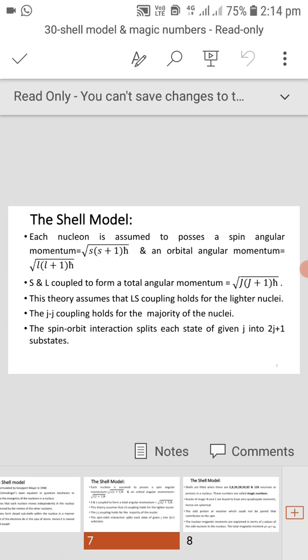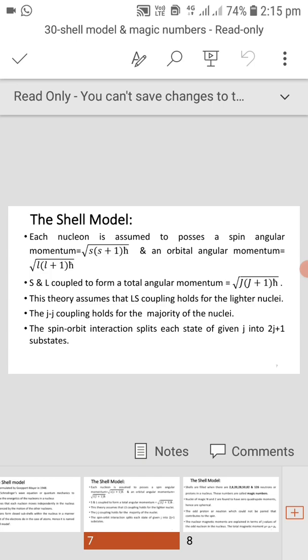In the shell model, each nucleon is assumed to possess a spin angular momentum, which is equal to square root of s into s plus 1 into h cross. Along with the spin angular momentum, it also has an orbital angular momentum equal to square root of L into L plus 1 into h cross, where S and L couple to form a total angular momentum of square root of J into J plus 1 into h cross.